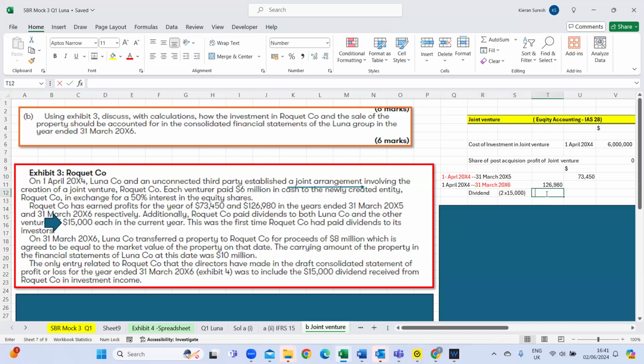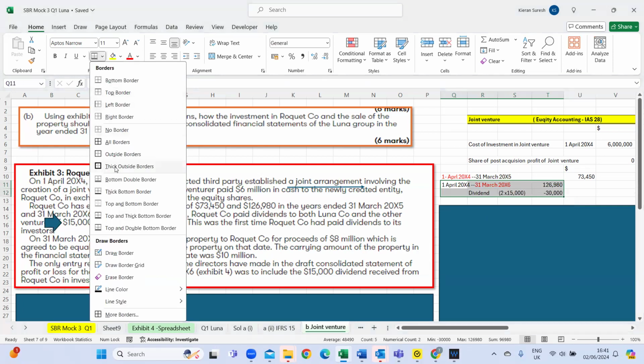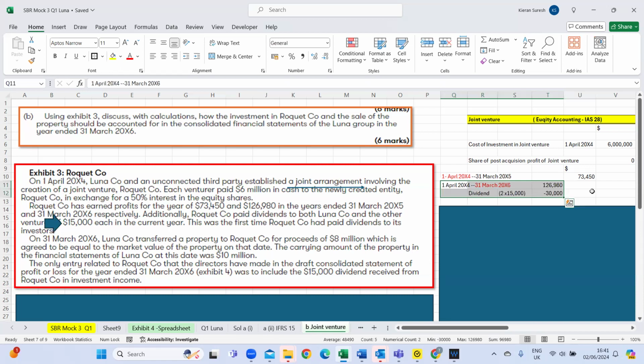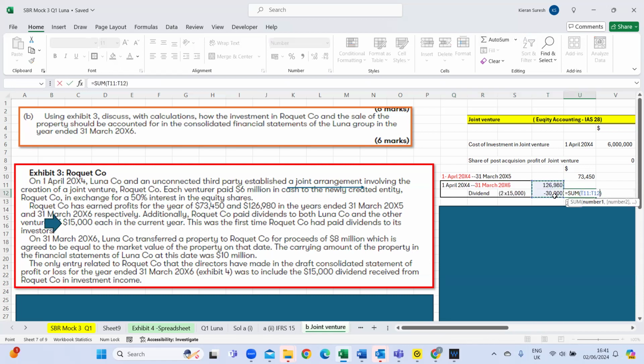So how much was the dividend they paid altogether? 30,000 dividend has been paid to both of us, right? That means in that second year, the profit that the joint venture company made is only 96,980. That was the profit they made in the second year.